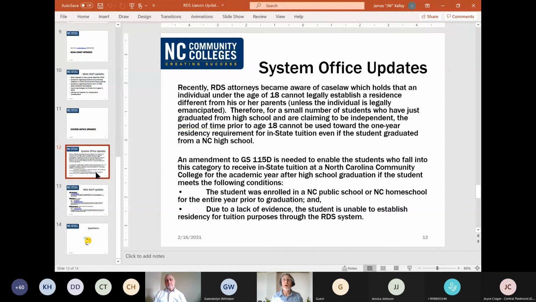As you may recall, a couple of years ago, we worked hard to get into the legislation that being a public high school graduate in North Carolina would be weighed highly in the determination factors for residency, which resulted in a higher number of 18-year-olds receiving in-state residency classification, even as 18-year-olds.